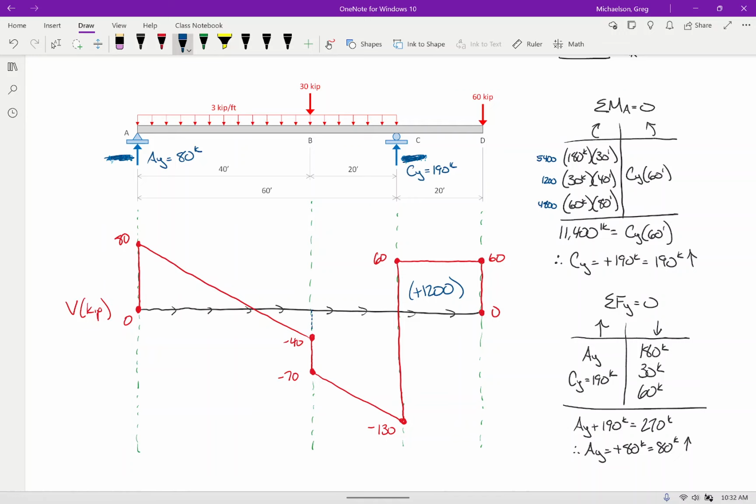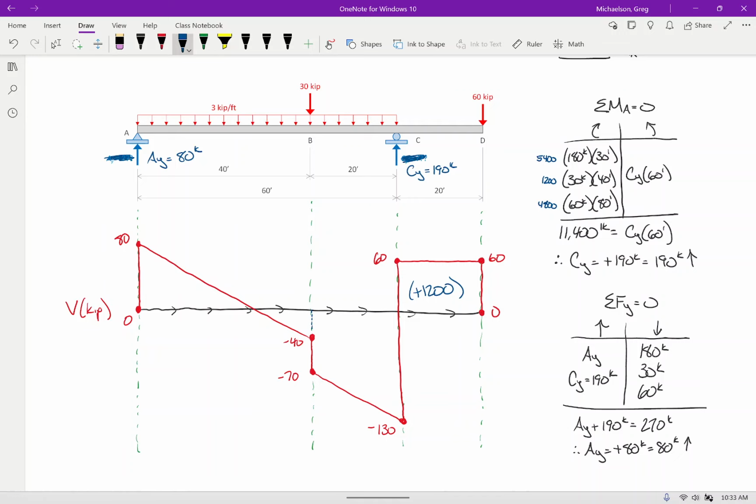Because what we're basically saying is that we can take this little bit, stick it over here, and then it's just a rectangle, right? So we can compute the area as 20 times the average of those two.